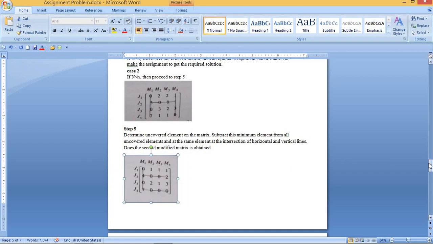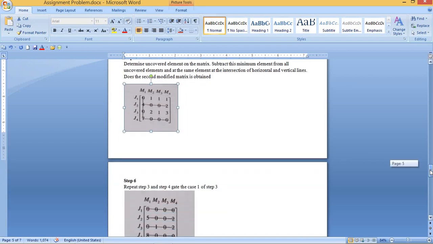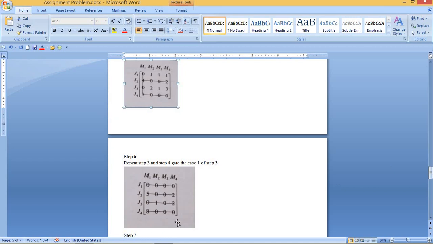After performing step 5 the second time, we get this matrix, and we can again draw the horizontal and vertical lines. In that case at least 4 lines are required to cover all the 0s. Now the condition has changed.